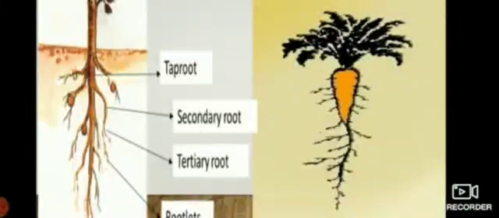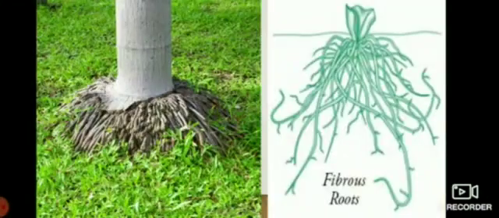Whereas in fibrous root system, it consists of a cluster of roots arising from the base of the stem. These roots are thin and uniform in size. Children, let's continue our discussion in the next session.